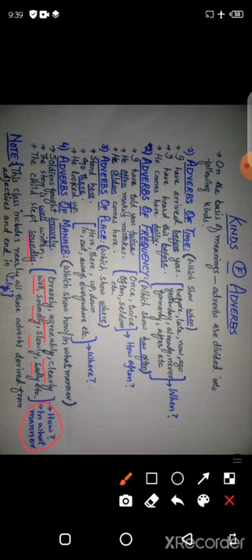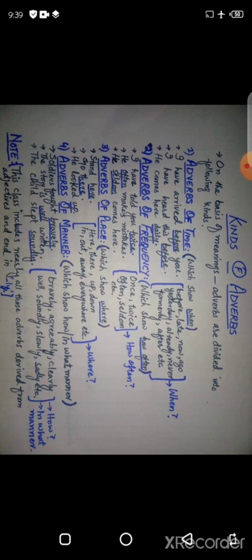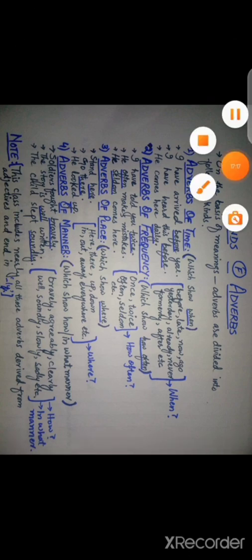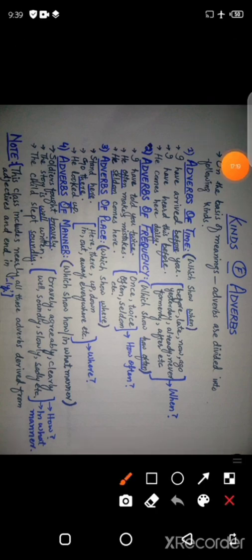Sorry, there's one thing that you should also keep in mind while understanding adverbs of manner. Almost 99% of the time, adverbs of manner are derived from adjectives. Keep this in mind.